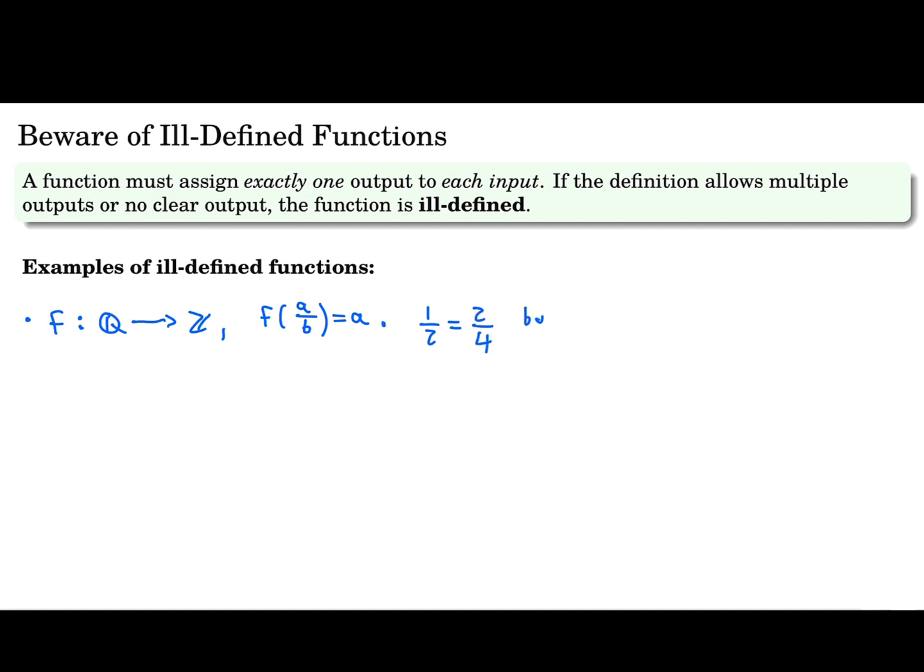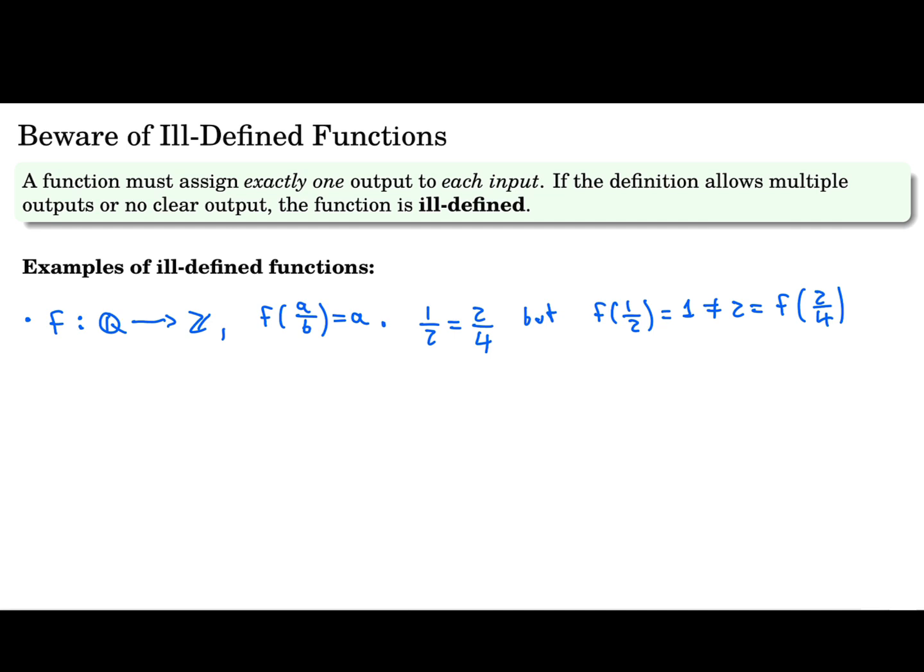But if you do f of half, you will get 1, which is different than 2. 1 and 2 are not the same integer, and 2 is what you would get if you applied f to 2/4. So in this case, the same input gave 2 different values, and so this is not a function. The rule is not well defined.